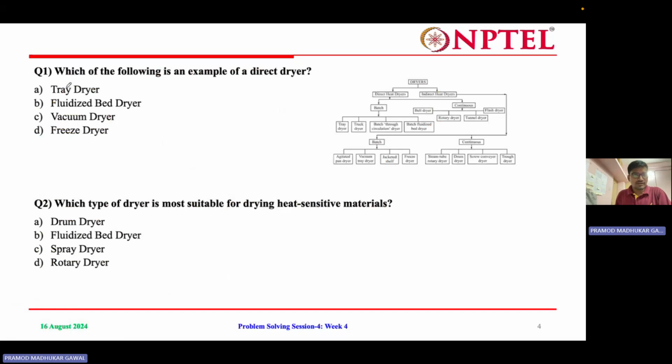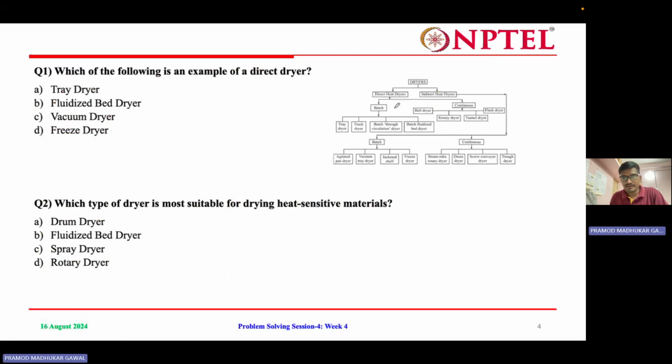Question 1: which of the following is an example of direct dryers? Options given: tray dryers, fluidized bed dryers, vacuum dryers, freeze dryers. So you can see these flow charts. Here is the direct dryer.